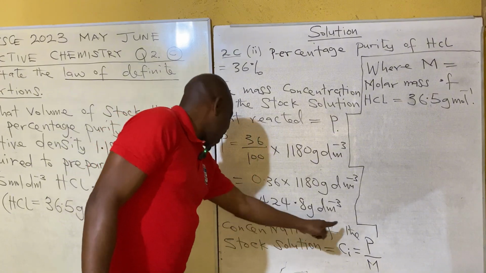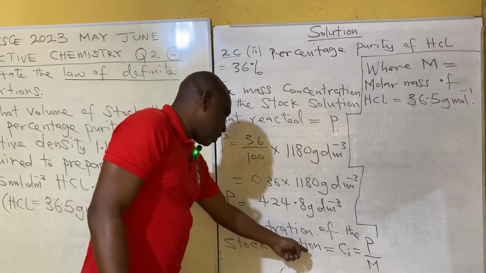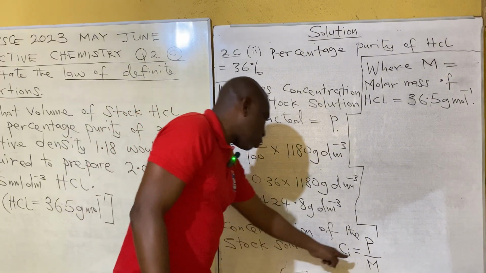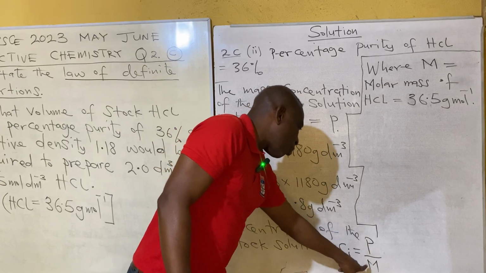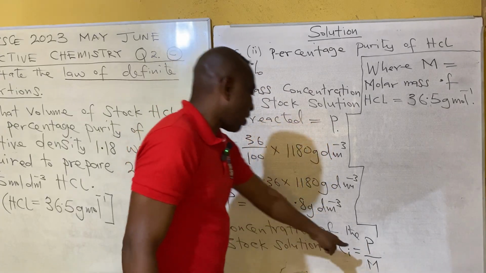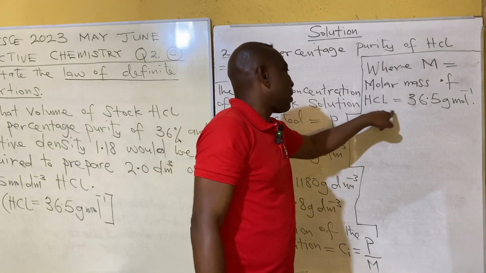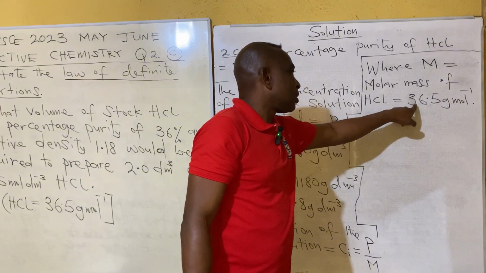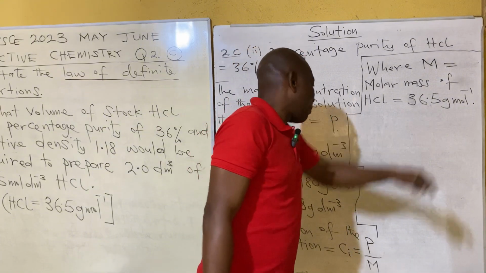So the concentration of the stock solution is equal to Ci is equal to mass concentration over the molar mass, over the M, where M is the molar mass of HCl, which is what? 36.5 gram per mole.